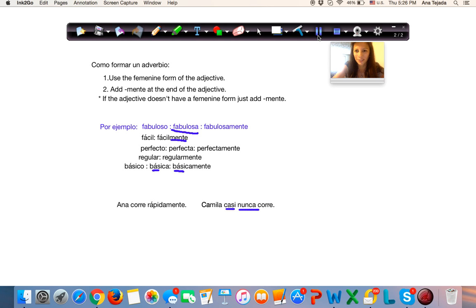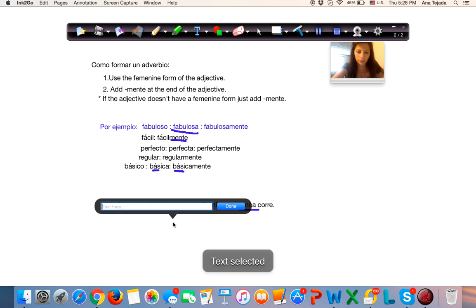Cuando tenemos más de un adverbio que termina en mente, so when we have more than one adverb that ends in mente, we take out the mente of all the previous ones and only the last one is going to have it. Por ejemplo, yo hago la tarea fácil y rápidamente.